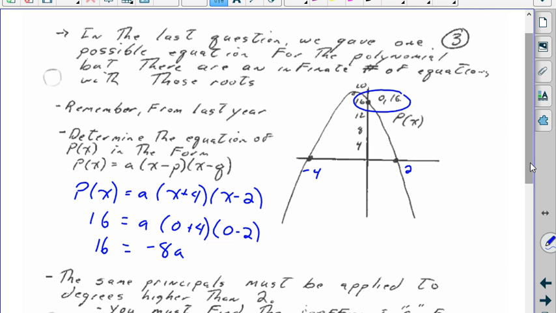Multiplying everything out, a is equal to -2. So any point could have worked except for the 2 that we've already used to do our work.